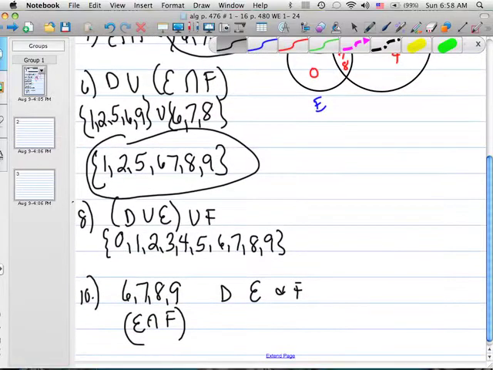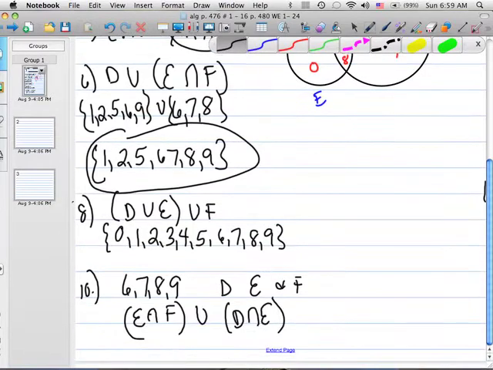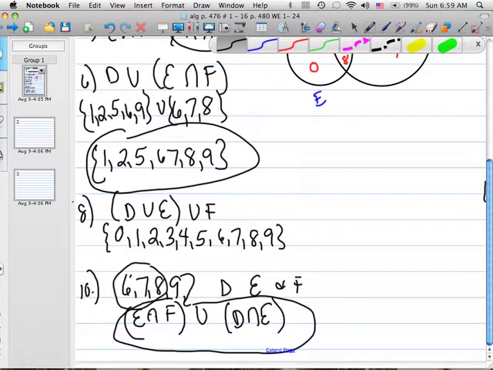So if I said D intersection E, I would get the 9. And if I union them, then I wouldn't be repeating that 6. So that would give it to me right here. So 6, 7, and 8 was in the intersection of E and F, and 9 was in the intersection of D and E. So there's my problem.